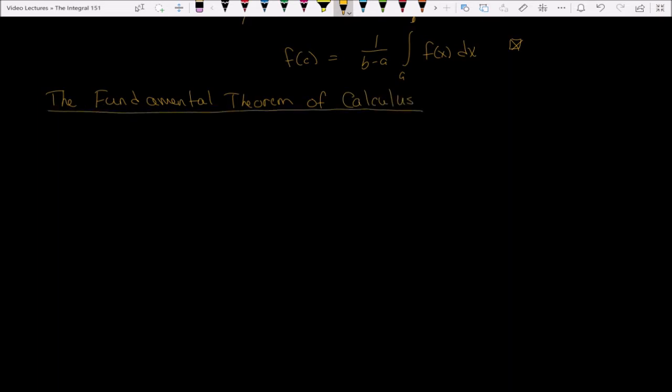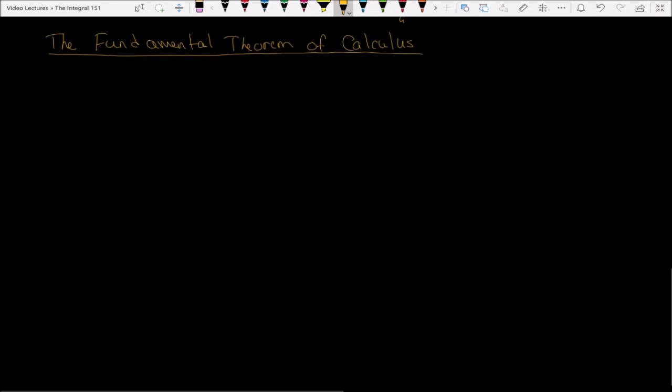And there are actually two parts to the fundamental theorem.